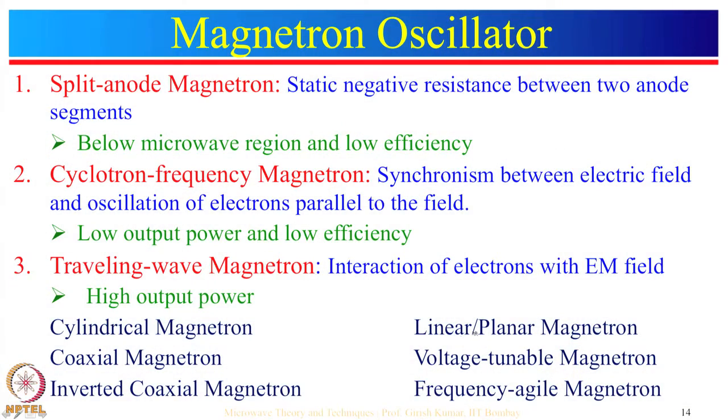The difference between the cylindrical magnetron and the planar or linear magnetron is their structure. In the cylindrical magnetron, the cathode and the anode are of cylindrical form, whereas in the linear or planar magnetron, the cathode and anode are of planar or linear form.